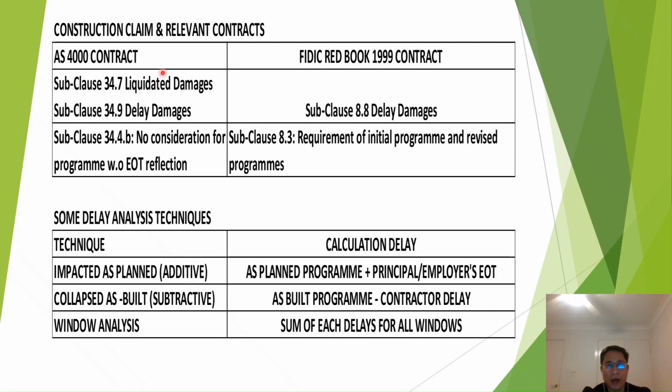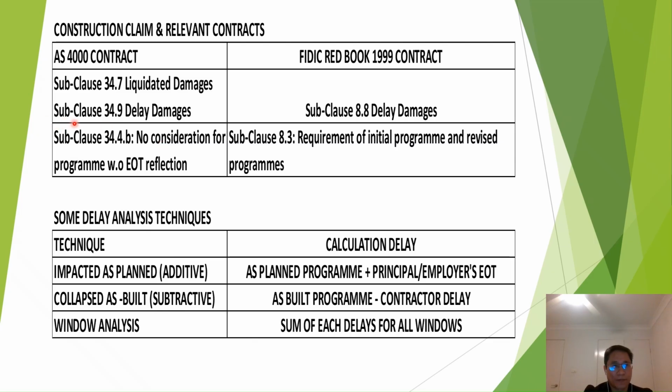For example, in AS 4000 contracts, the Australian standards contract, they have some specific subclauses. 34.7 deals with the liquidated damages, which is the payment, the penalty that a contractor has to pay the principal in case they fail to deliver a contract within the practical completion date.